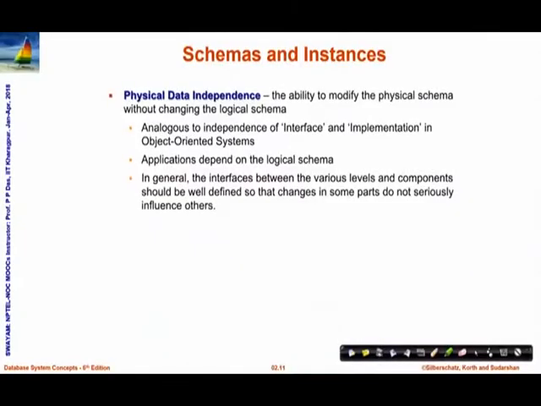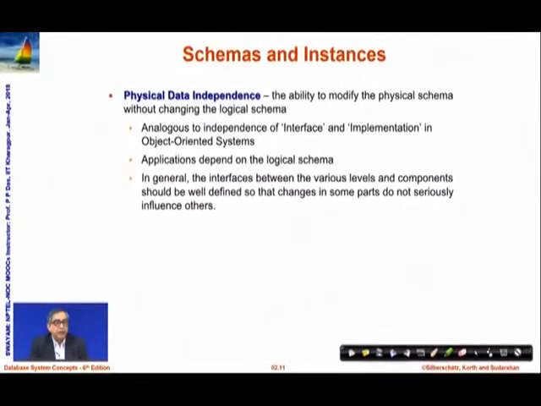You may need to reorganize the files, you may need to index it in a different way, but you would like to do that change at the physical level without requiring any change at the logical schema.